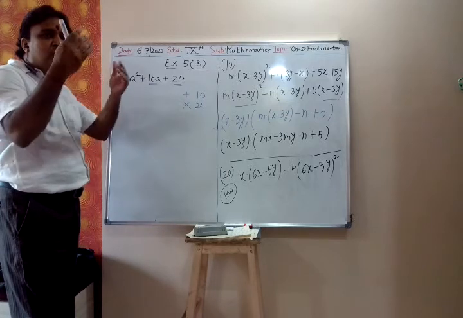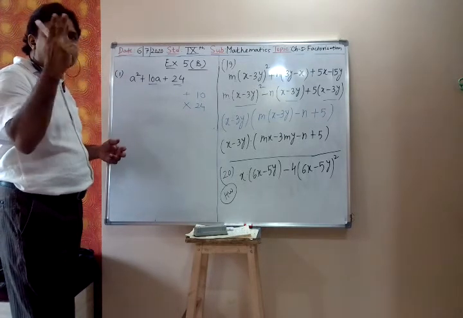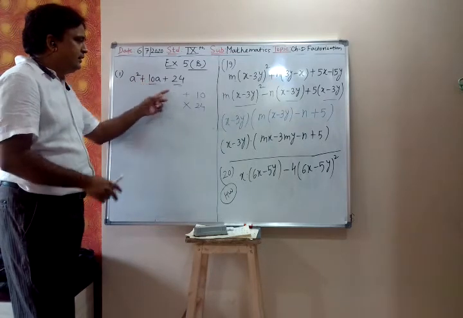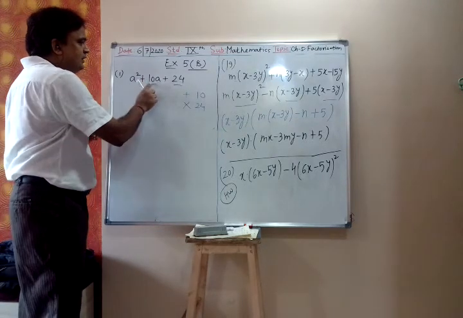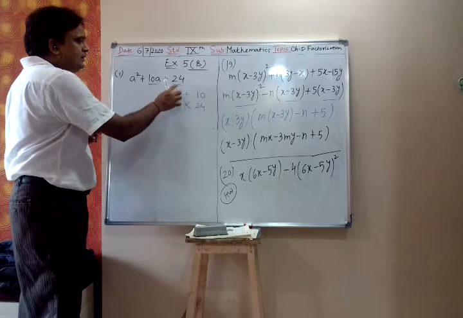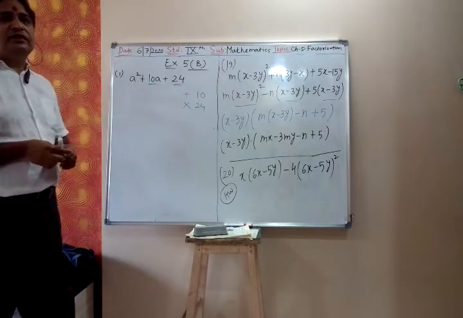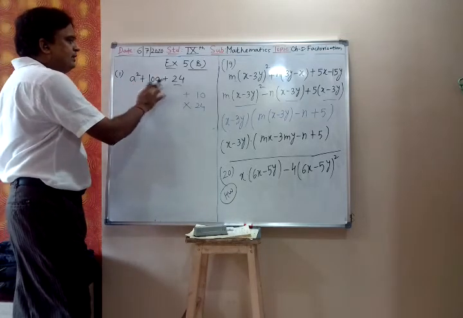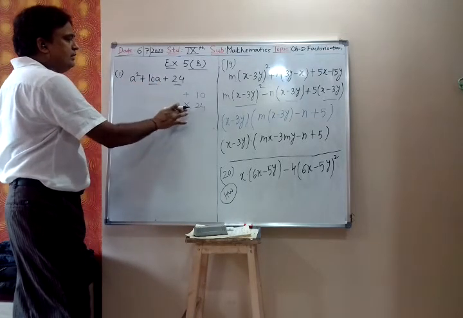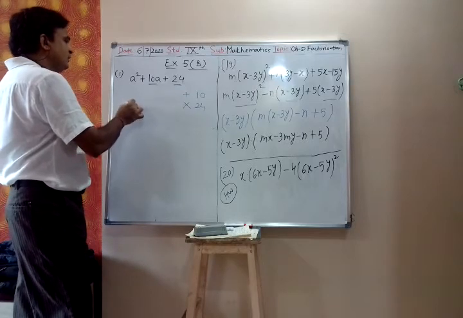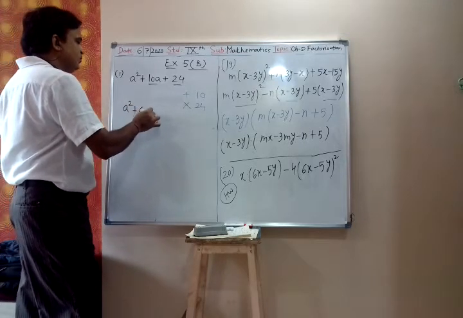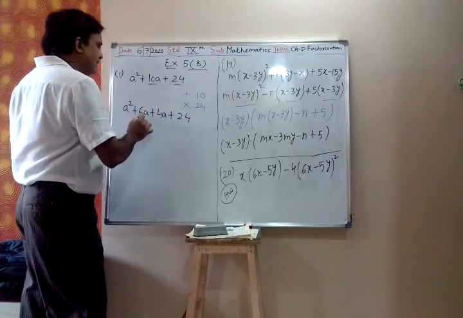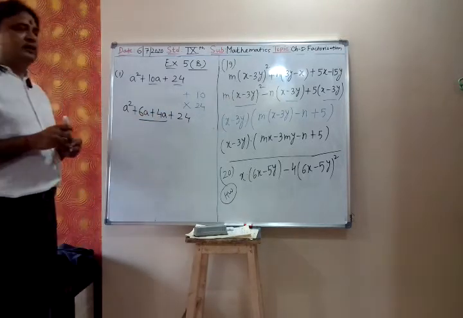We have to find 2 numbers in such a way that their addition is plus 10 and multiplication is plus 24. What are the 2 numbers? 6 and 4. Very good. Their addition is plus 10, multiplication is 24. So this I can write as a square plus 6a plus 4a plus 24. So this 10a I have split into 6a plus 4a.